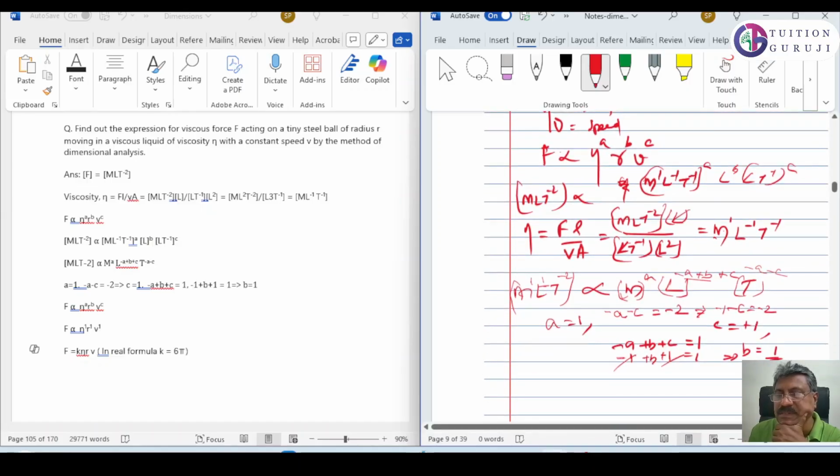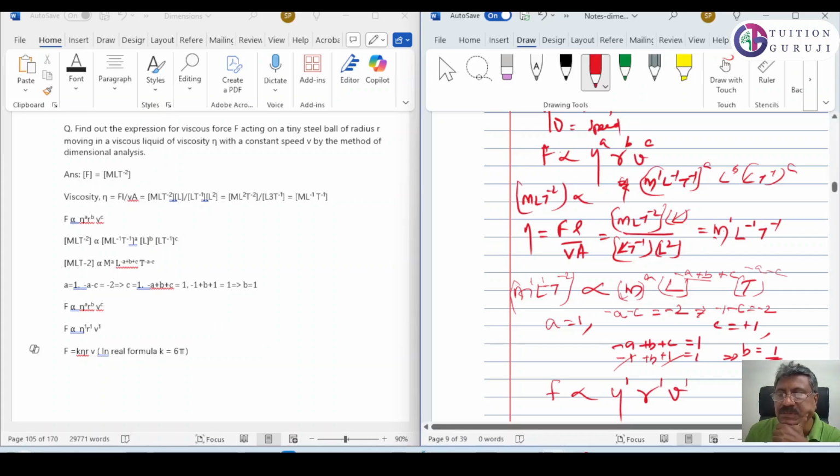So when we get A, B and C, F is proportional to eta raised to A. What is A? A is 1, eta raised to 1. Then R raised to B, B is 1. Then V raised to C, C is also 1.